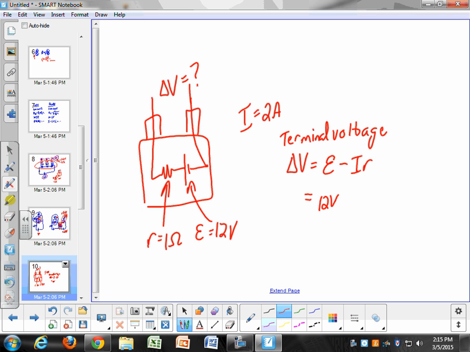That's 12 volts minus 2 amps times 1 ohm. That's 12 minus 2, or 10 volts. So that would be my terminal voltage. This relationship is on your equation sheet, but just be aware of it.